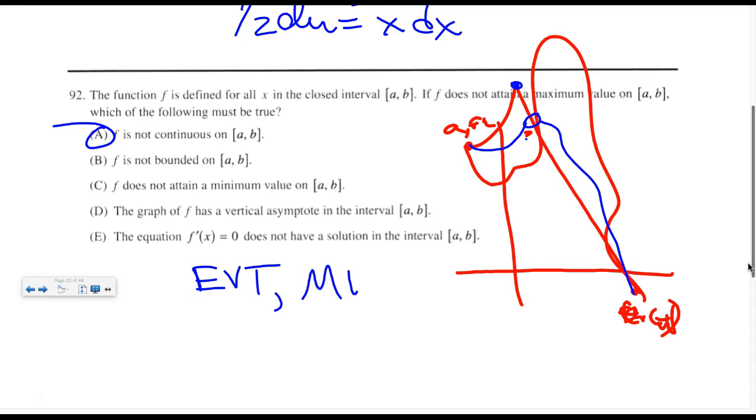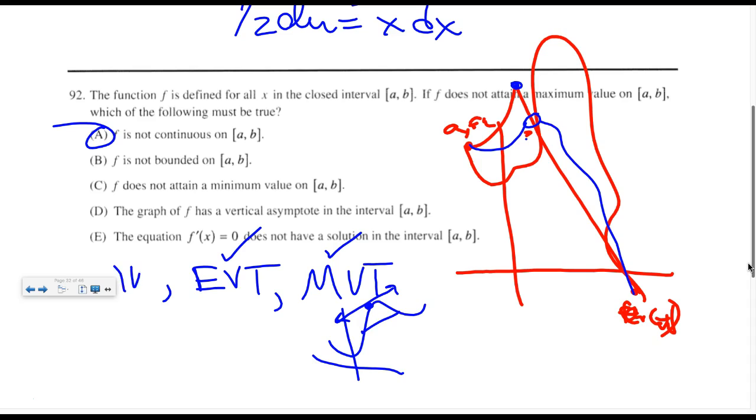We also have the mean value theorem that says as long as a function is continuous and differentiable, there must be some place where the slope of the secant line, f of b minus f of a over b minus a, has to equal the slope of the tangent line, f prime of c. This requires continuity and differentiability. This requires continuity only. And our other one was the intermediate value theorem. That one too only requires continuity. So this is continuity, continuity, continuity, and differentiability.